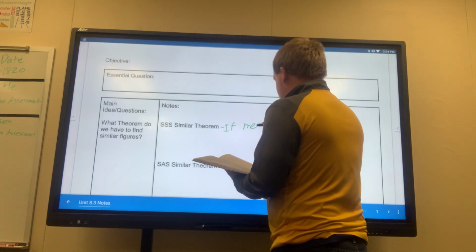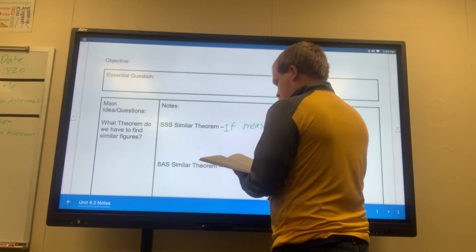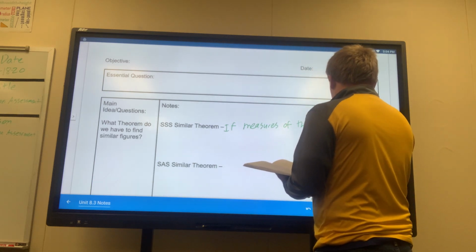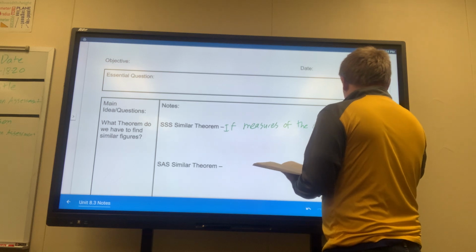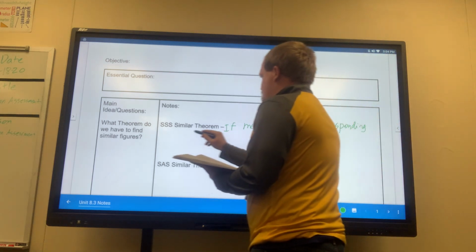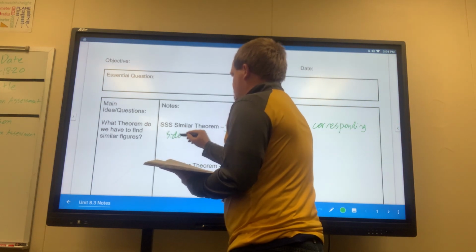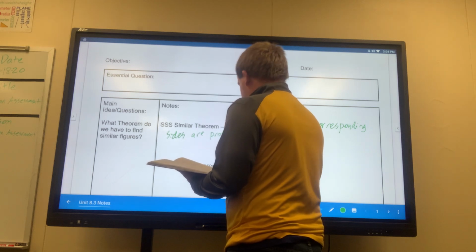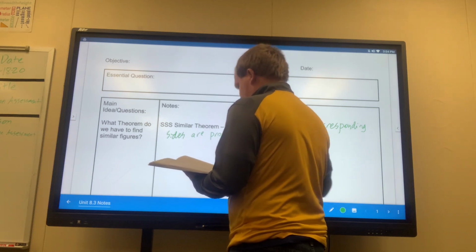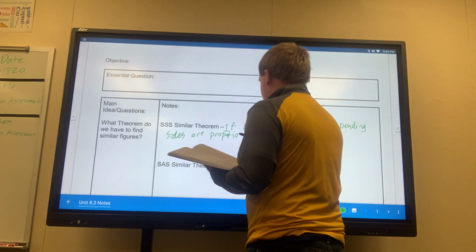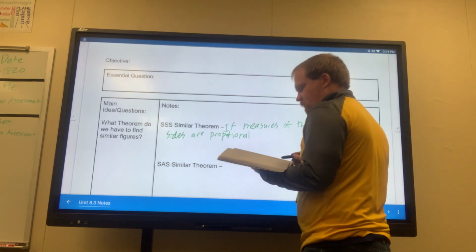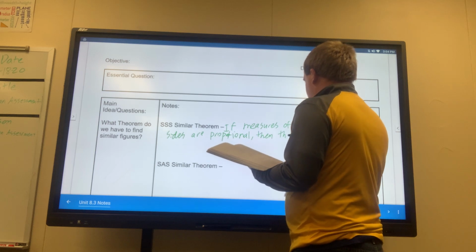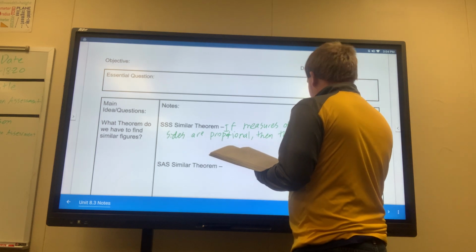If the measures of the corresponding sides are proportional, then they're similar.